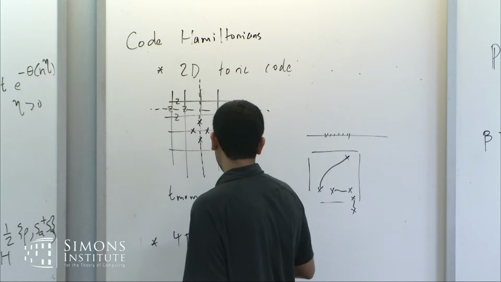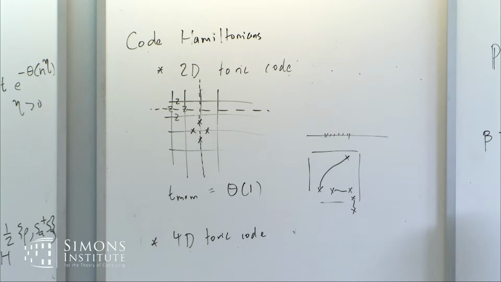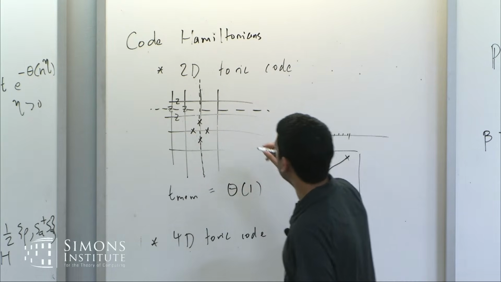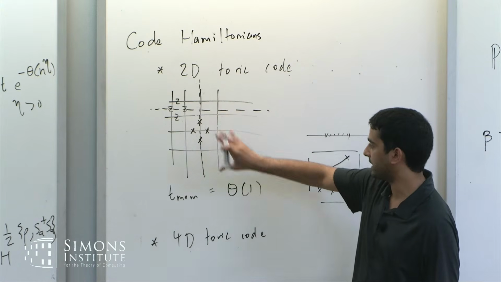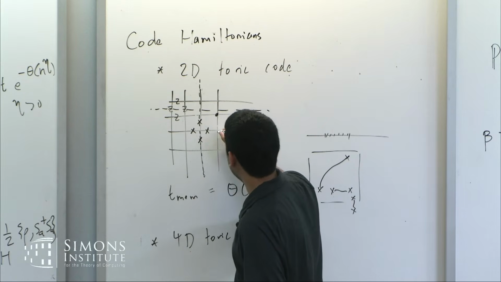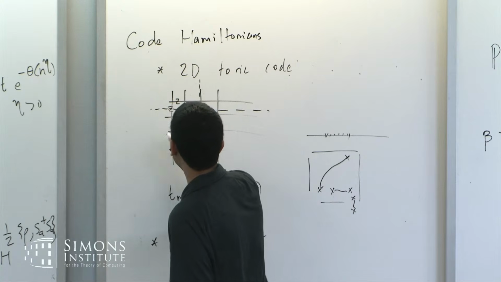Okay, so there's something called the four-dimensional toric code. And the four-dimensional toric code can be defined the following way. So for the two-dimensional toric code, there's a nice thing we can notice, which is we can divide this square lattice into cells. We can divide them into 0 cells, which are vertices, 1 cells, which are just edges, and 2 cells, which are plaquettes.